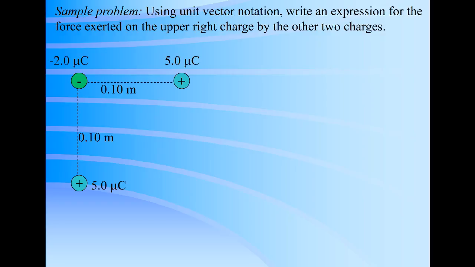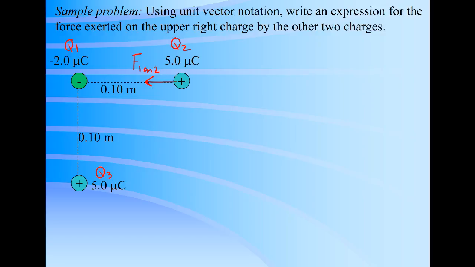The first thing we want to do is label them, so we can call this Q1 and Q2 and Q3. Next, we can draw the forces. So Q1, because it's negative, would be attracting Q2. So this would be the force of 1 on 2.